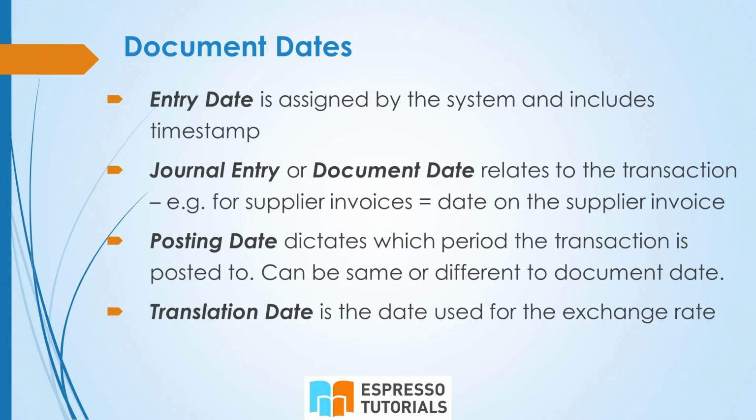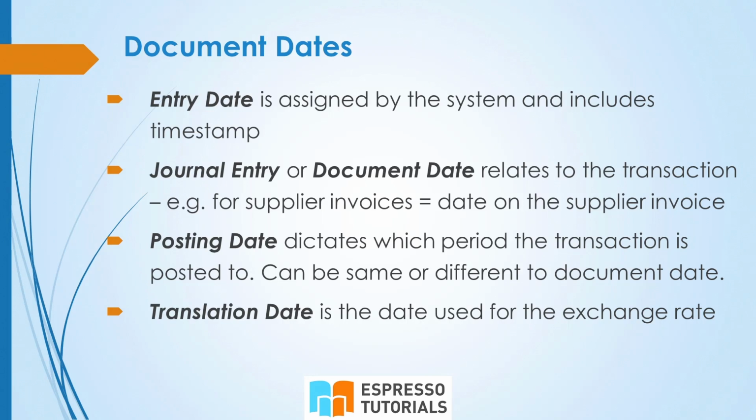On the first or second day of a new period, for example, you may still want to post entries into the previous period, so you change the posting date accordingly. As I'm often working in a sandbox anyway, I often set the posting date to automatically default to the current date for speed.